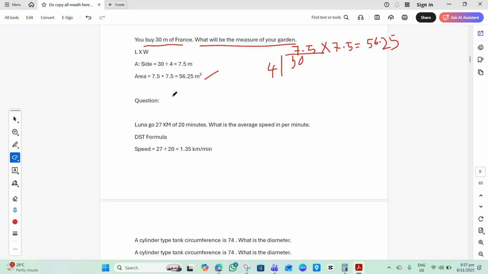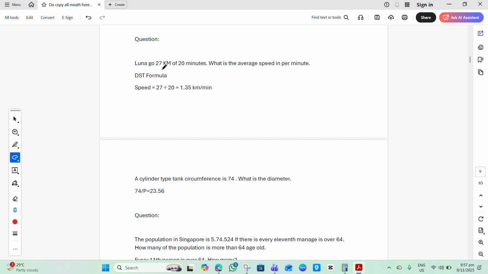Okay, so Luna goes 27 kilometers in 20 minutes. What is the average speed per minute? Here we use a very simple formula you can remember, easy for you to answer.